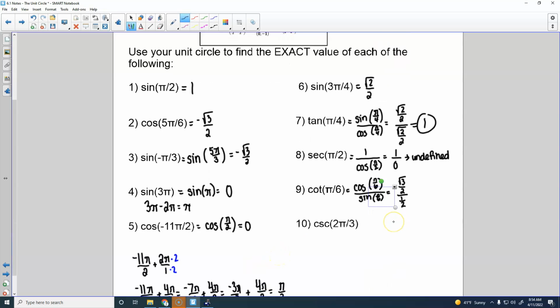For this one, I do not want you to leave your answer like this. I don't want complex fractions. I also want the denominator rationalized if you need to. So dividing fractions is easy as pie. Flip the second and multiply. So the 2's here would cancel, and you would just get square root of 3 over 1, which of course is just square root of 3.